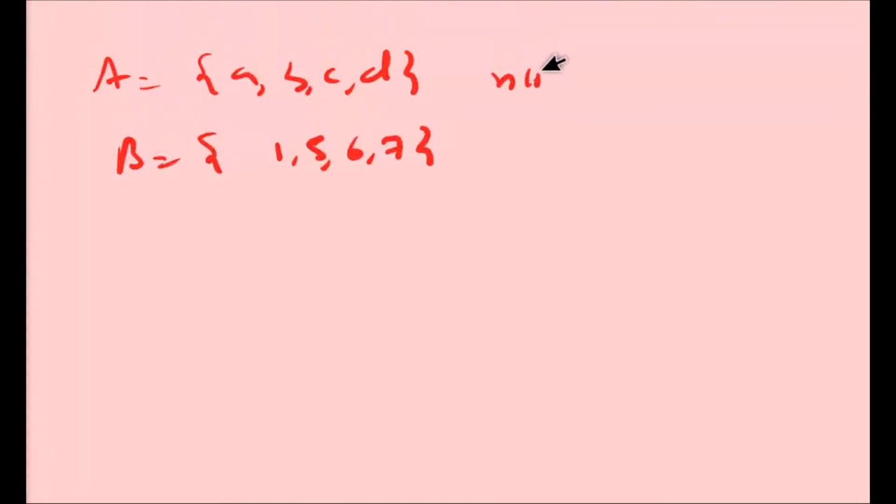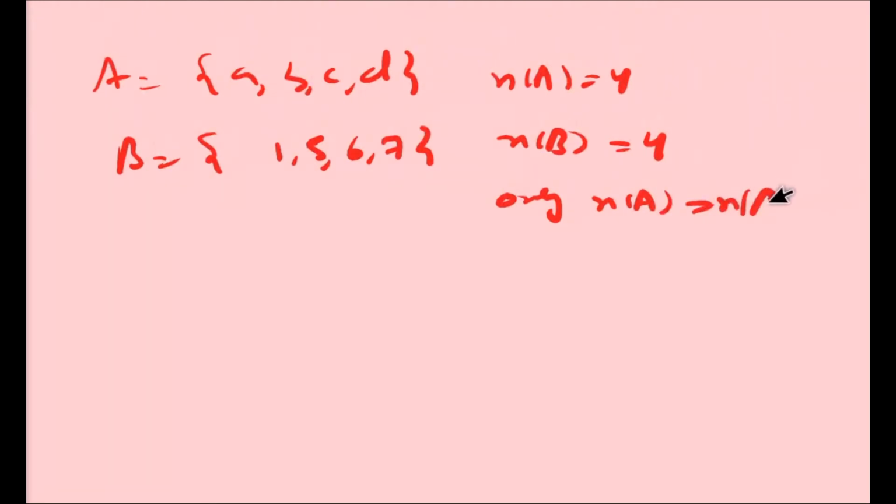Now n(A) equals 4, n(B) equals 4. Only n(A) equals n(B). Then these are only what we call equivalent sets. It is not an equal set, but we can say equivalent set, since the quantity of members is equal. Okay, students, so now we go to the next point.